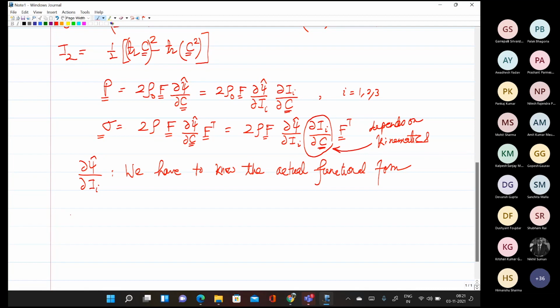So for example, suppose I want to find out del I1 by del C. So again, since we don't know how to take the derivative with respect to a tensor, you simply find out with respect to component first, right? That's the trick always. So find out what will be del I1 by del Cij.